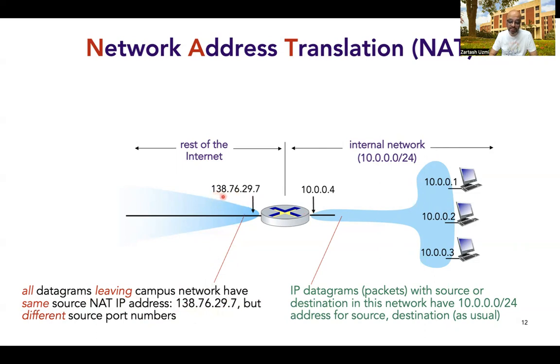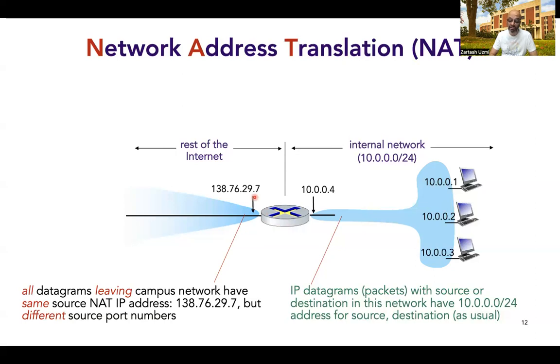In this case, this is the 138.76.29.7 IP address, which is the outgoing interface IP address of this network address translation device. While all the packets coming from different internal devices get translated to the same IP address, the port number is going to be different.